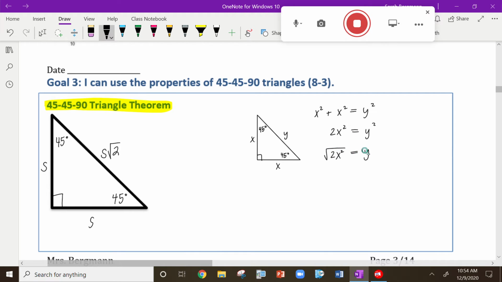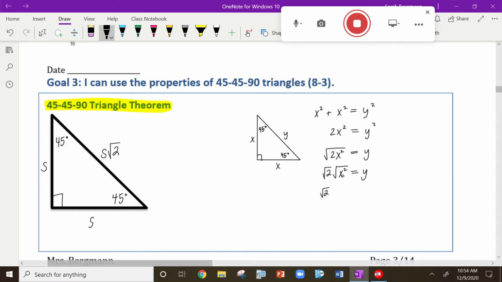Normally when I square root both sides, I would do positive or negative, but it's not necessary in this case because x and y represent side lengths, so y has to be positive. Now I can break the square root down into two separate square roots. The square root of 2 is not a perfect square.